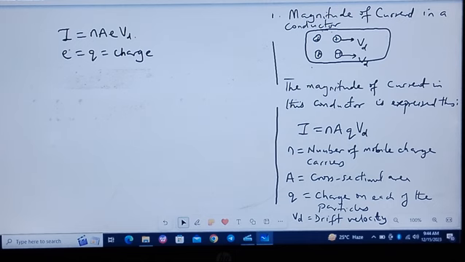Then we also look at a concept called the current density. What is current density?